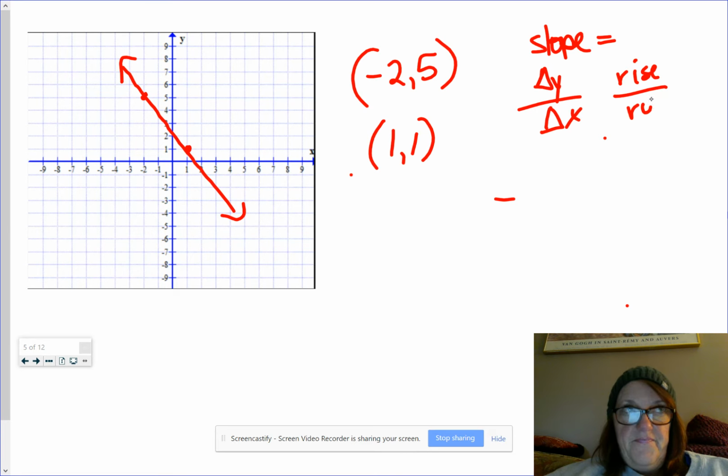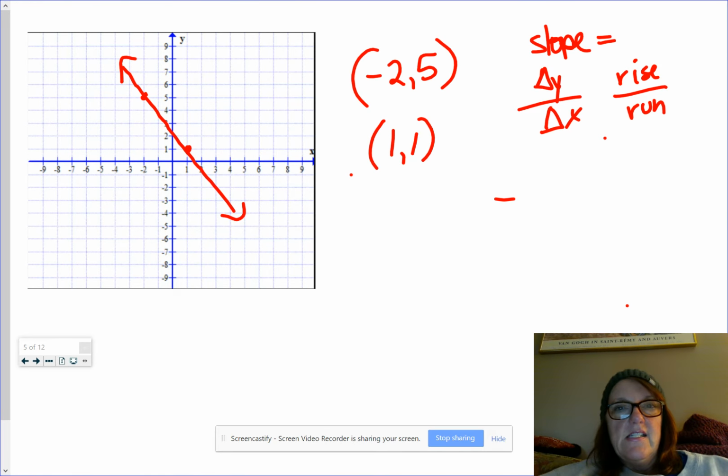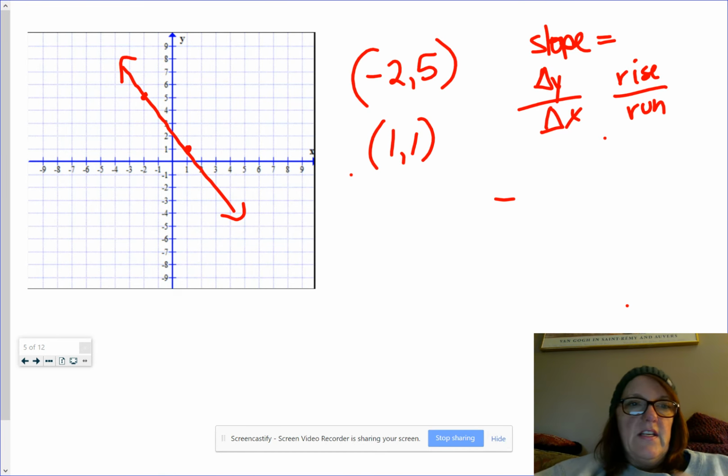Now, let's see what you come up with here. If I start at this point, I'm going to go down first. Let's say I had to go down 1, 2, 3, 4, because I went from a level of 5 to a level of 1. 5 take away 1, that's 4.